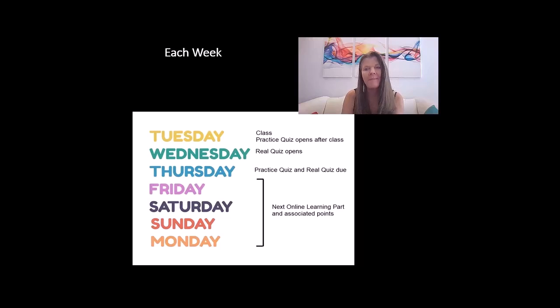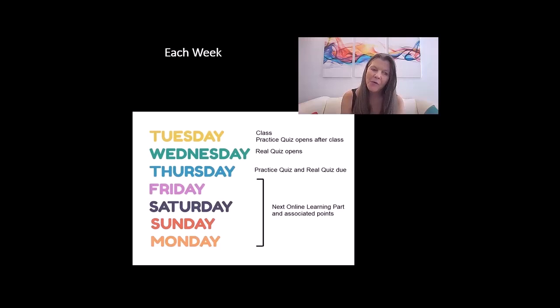So week 1 began today with our first in-person class, and it will end on Monday night before our next class. The only thing different about week 1 from the others is that you will not have a practice and real quiz yet, because those begin next week, week 2.